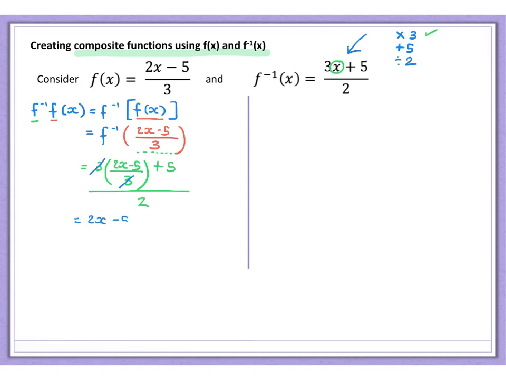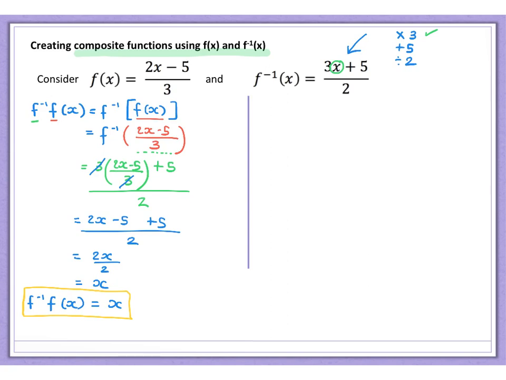So we have (2x − 5 + 5)/2, which becomes 2x/2, which becomes x. So we can see that f⁻¹(f(x)) simply equals x. Think about why that makes perfect sense.